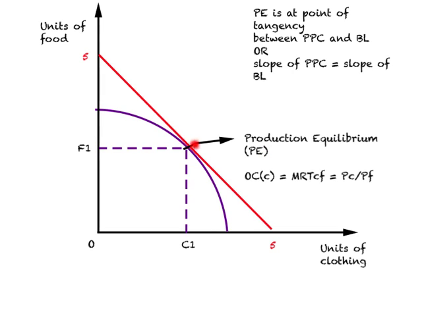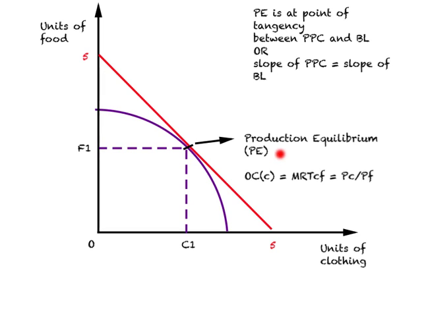Since this is the point of tangency between the budget line and the PPC, what this means is the slope of PPC must equal the slope of the budget line at this point. And so production equilibrium will happen when MRTCF, or marginal rate of transformation between clothing and food, equals the price ratio, which is PC by PF.